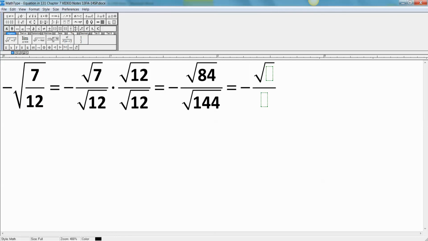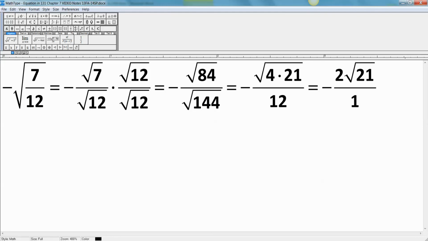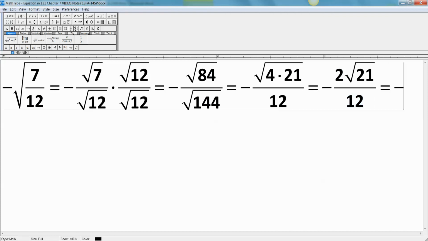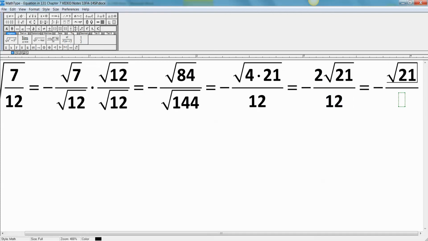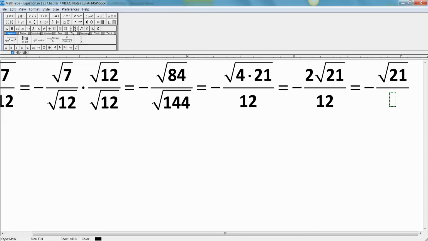Square root of 84 is 4 times 21 over 12. 4 becomes 2, so this is negative 2 square root of 21 over 12, and then 2 goes into 12 6 times. So this is negative square root of 21 over 6. It's doable, but it's kind of a pain, right?